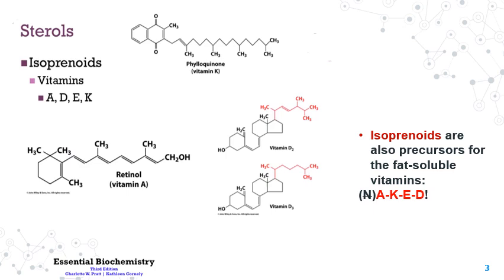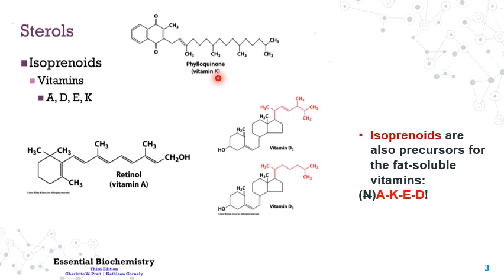So here, when you're looking at sterols, you have those isoprenoids. Examples are the fat-soluble vitamins, right? So here you have this structure showing vitamin A. Okay, so you see here, you don't see the sterol basic structure with the rings, but this thing is made up of that basic isoprenyl 5-carbon structure.